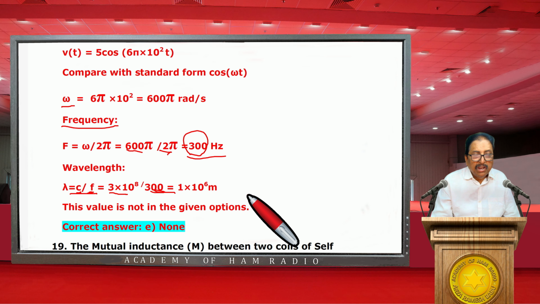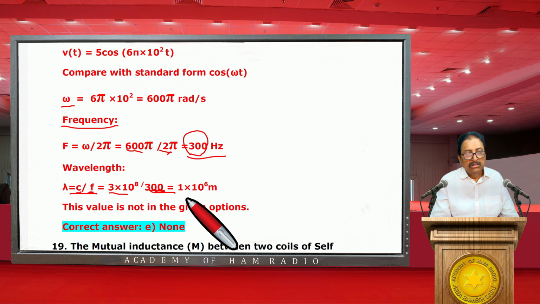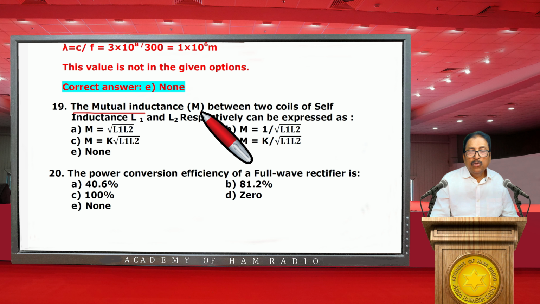So 3 by 300 becomes 1 by 100, and 10 to the power of 8 by 100 becomes 1 into 10 to the power of 6. This value is not in the given options. Correct answer: none.